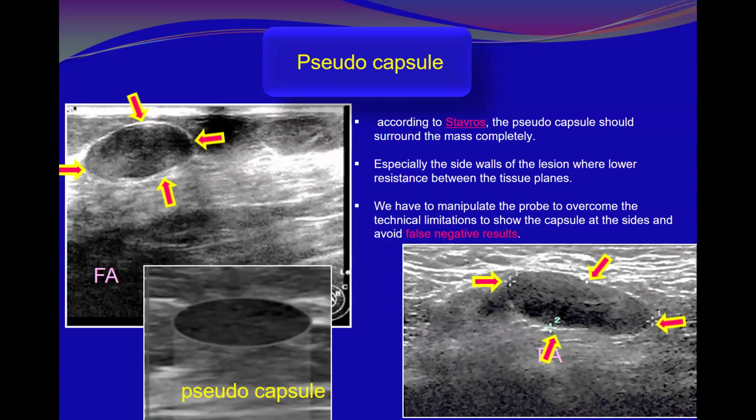But we have to angulate our probe and make a lot of effort to visualize these sites and overcome the technical limitations. Why? To see the capsule at the sides to avoid false negative results.